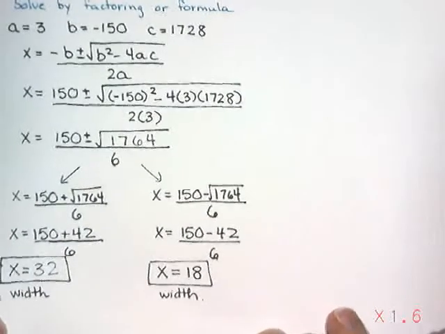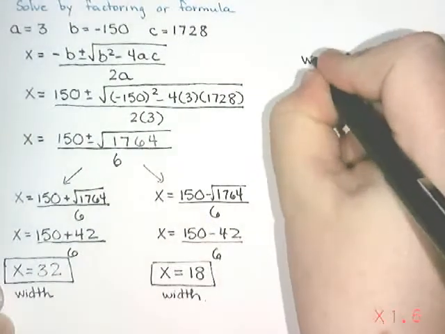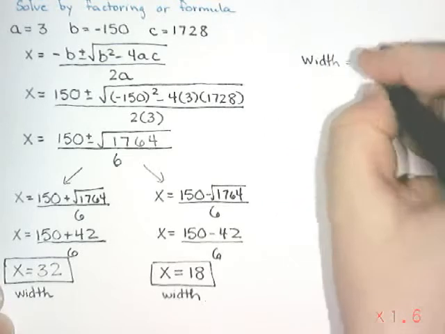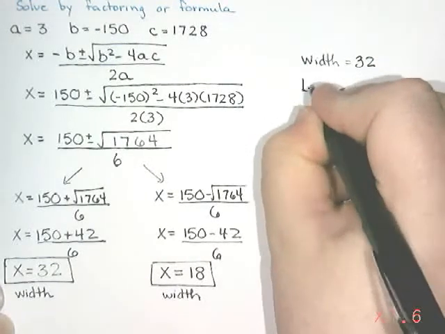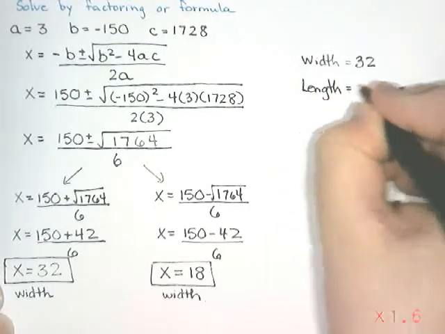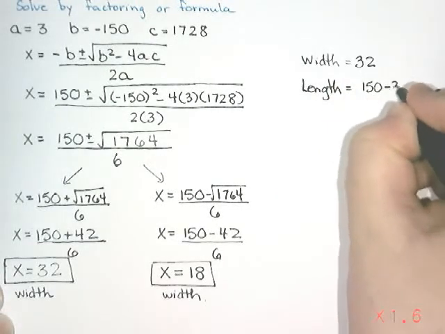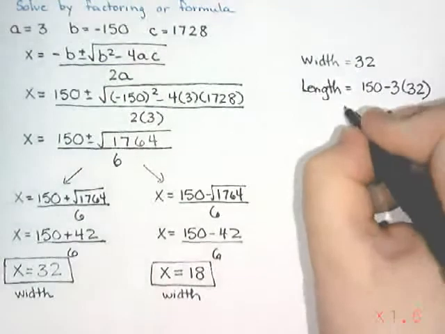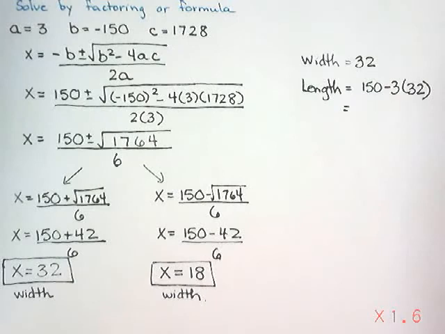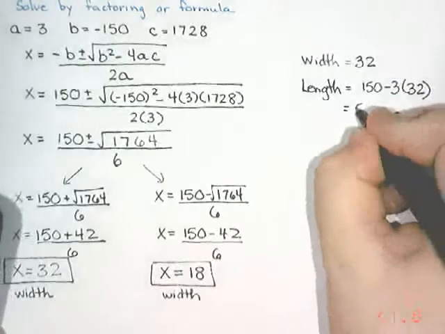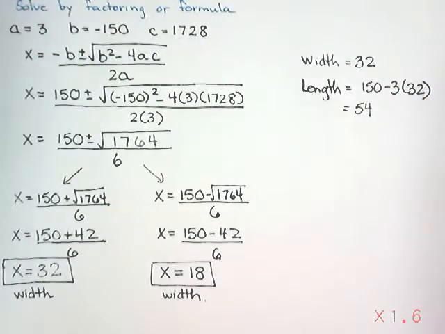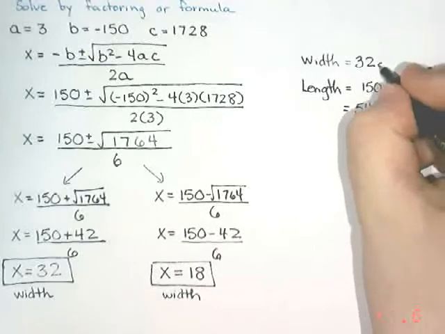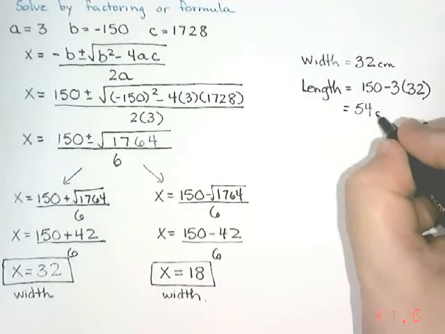For the 32, if the width is 32, then the length is going to be 150 minus 3 times 32. 3 times 32 is 96. 150 take away 96 is 54. So one way we could build it is if it was 32 centimeters wide and 54 centimeters long.